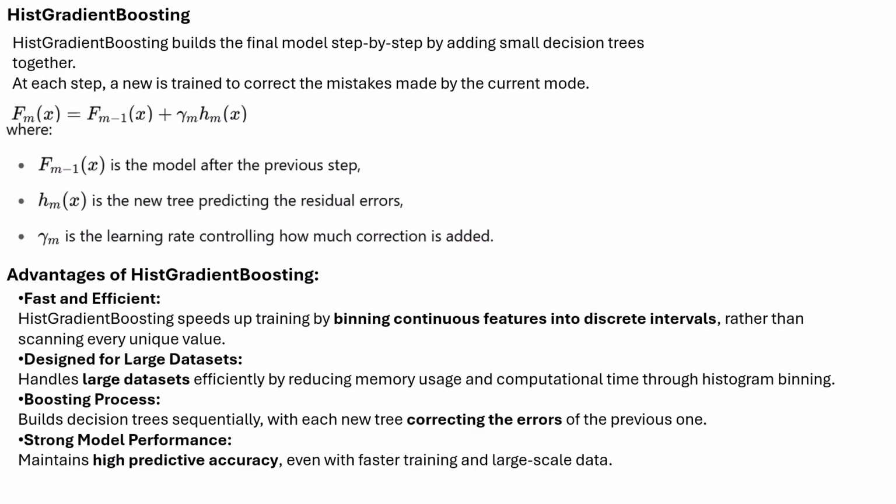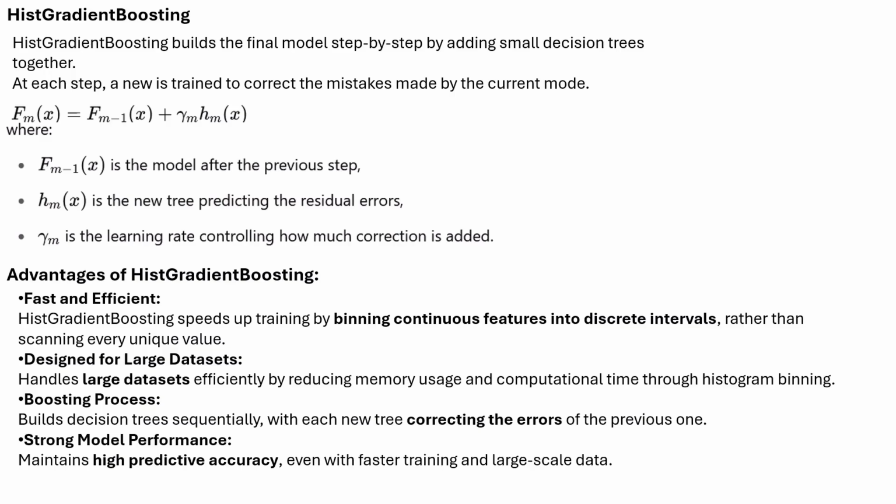Hist gradient boosting is an advanced version of gradient boosting that is optimized for speed and memory efficiency. It works by binning continuous features into discrete intervals, creating histograms, and finding the best splits based on these bins.